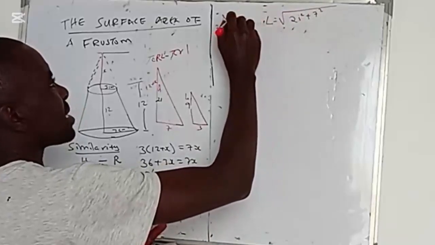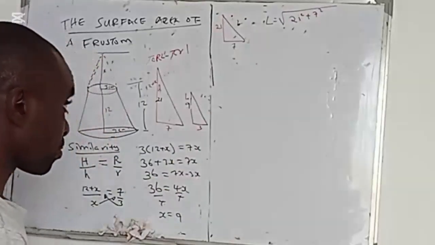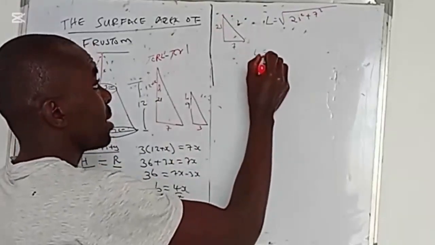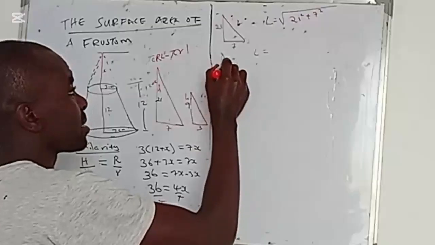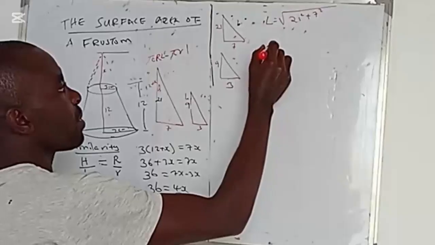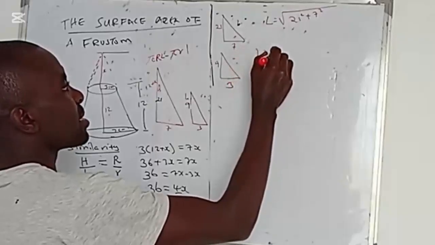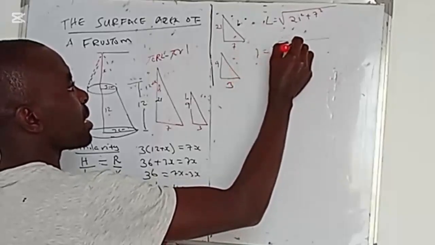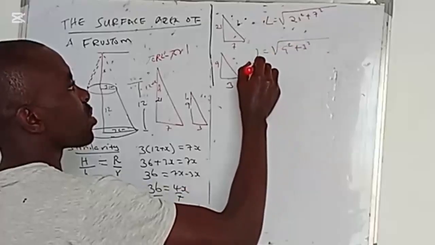That slant height is L. Then for the small one, it will be given with 3 and 9. Therefore, our small L is the square root of 9 squared plus 3 squared.